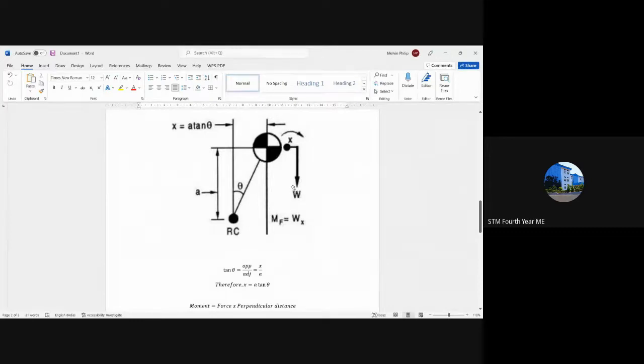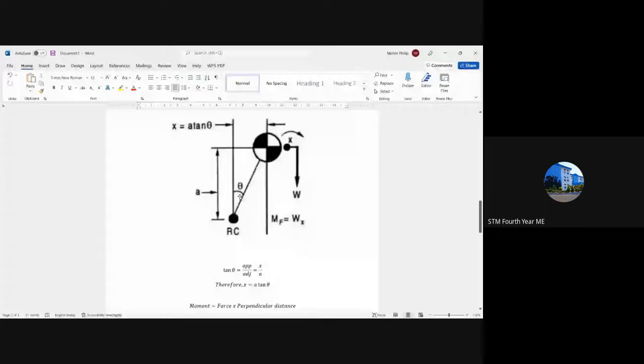The weight acting is from this point, so there is a shift of weight here. You can see the shift of weight because the weight is then acting at this point. The distance formed in between the weight shift is known as x. Tan theta is nothing but opposite by adjacent.